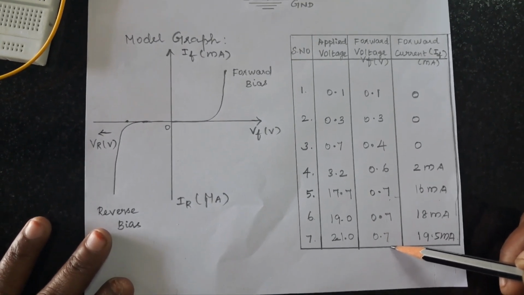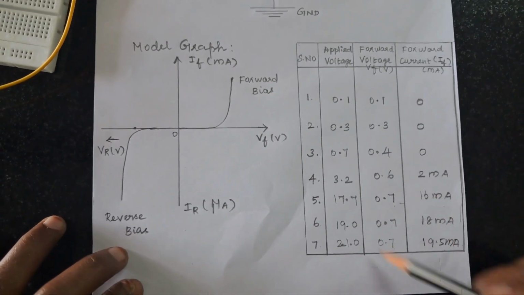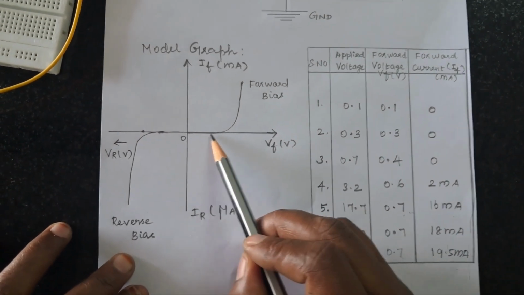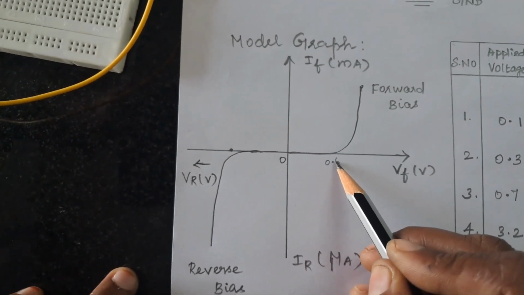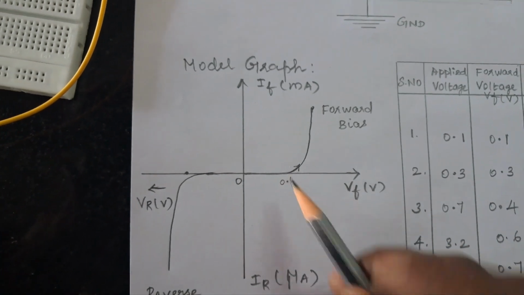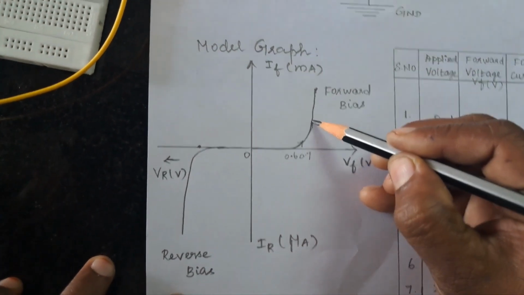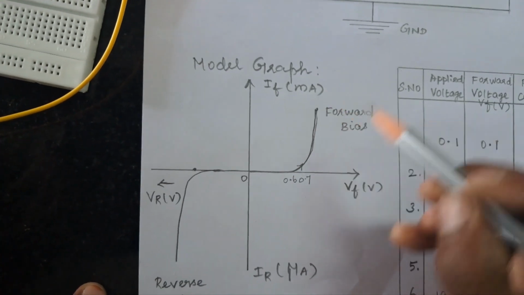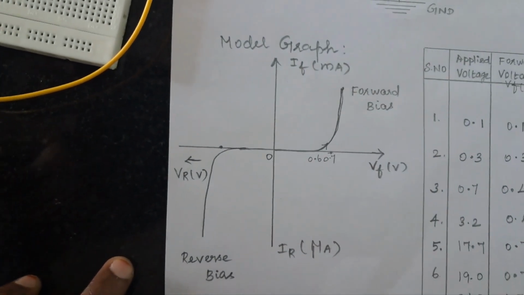This is our forward voltage and forward current, which we have to plot on a graph. After reaching 0.6, the current increases slightly. While reaching 0.7, the current increases without any change in the forward voltage.